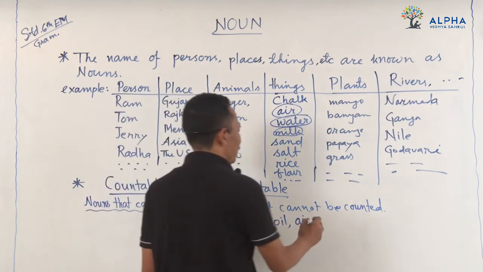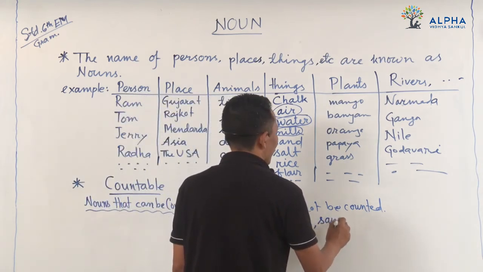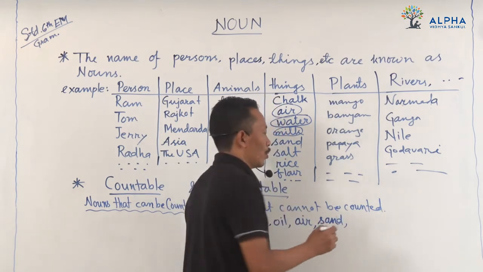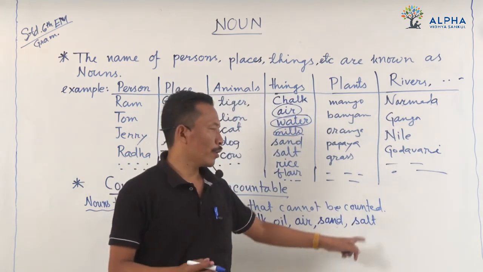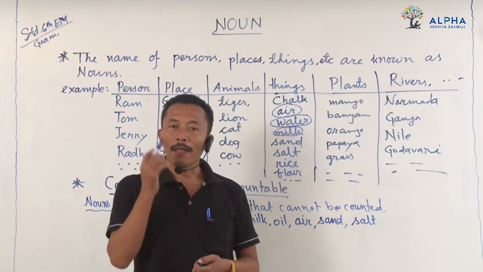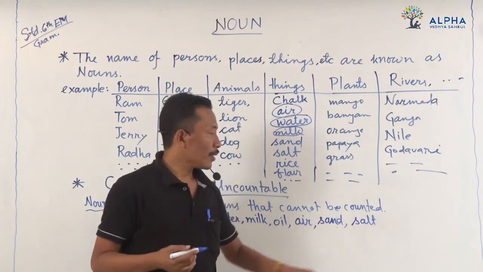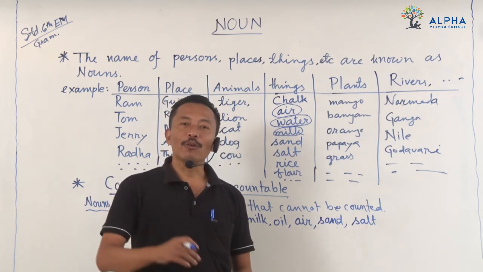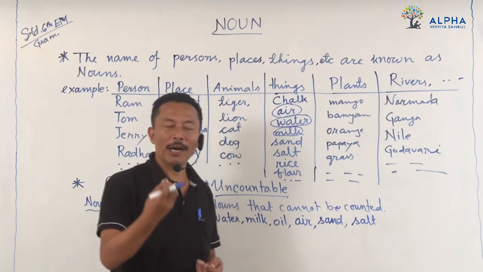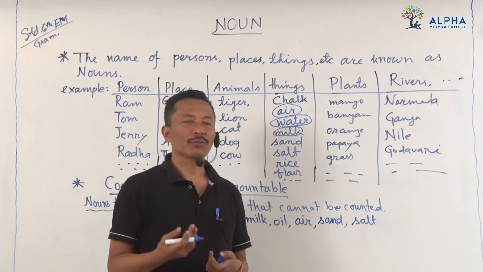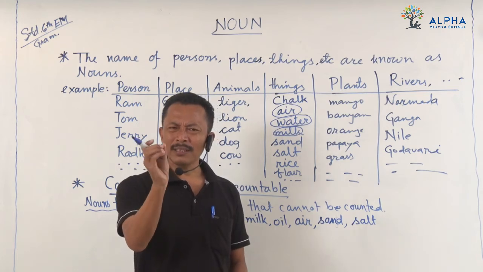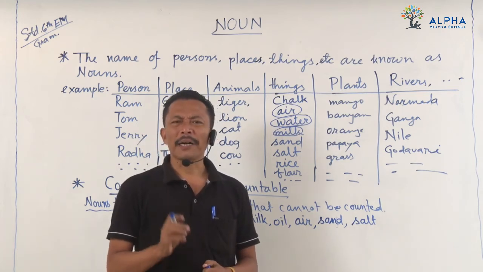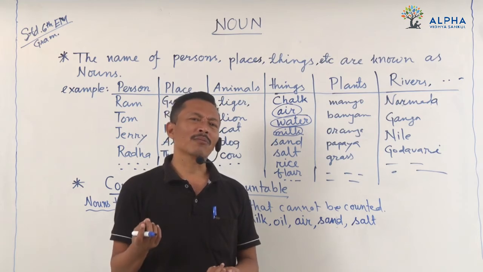So sand, and one more, salt. You know the edible salt. The salt is used when we cook vegetables or food. Salt is small grains, small particles. Why should we count?